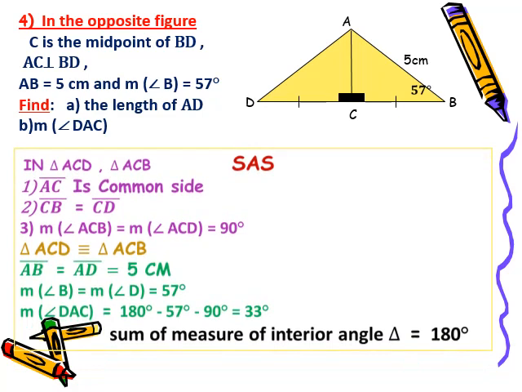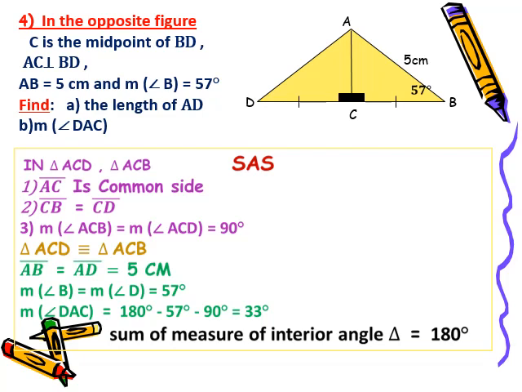In triangles ACD and ACB, AC is a common side and CB congruent to CD, and measure angle ACB equals measure angle ACD equals 90 degrees. Then side, angle, side. Then triangle ACD is congruent to triangle ACB.